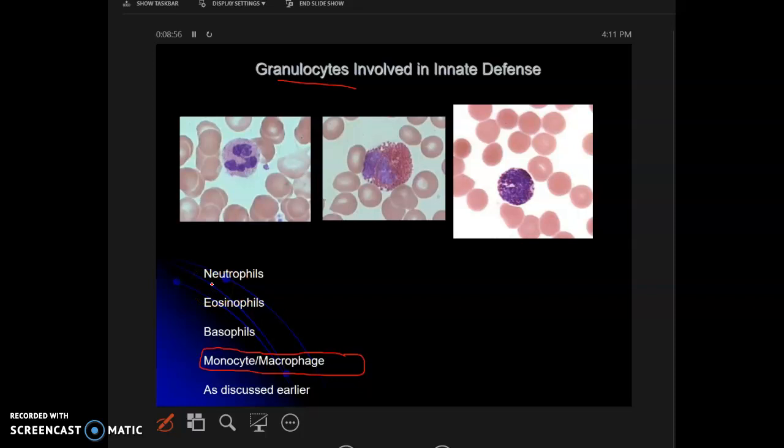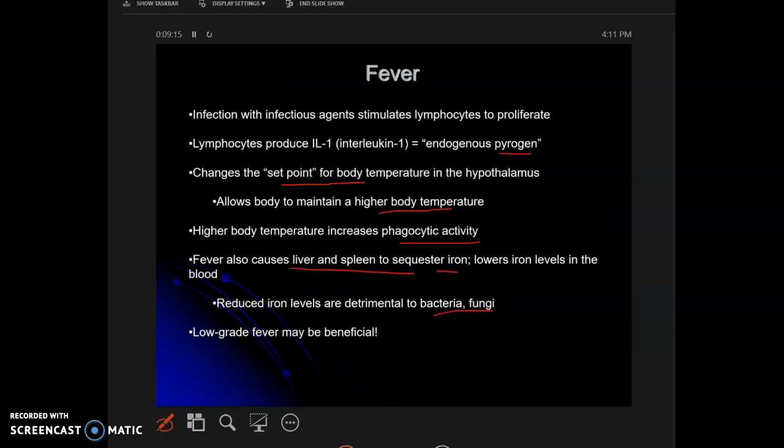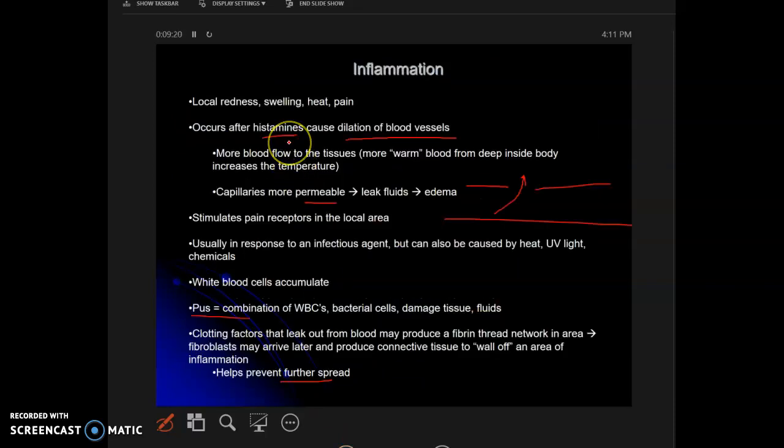We've discussed this before, so make sure this is a good time to review the functions of neutrophil, eosinophil, basophil, and monocyte or a macrophage that will engulf, destroy a foreign body. They're non-specific, okay? Basophil is non-phagocytic, but remember what it does. We talked about this, right? It will produce what? It will produce histamine.